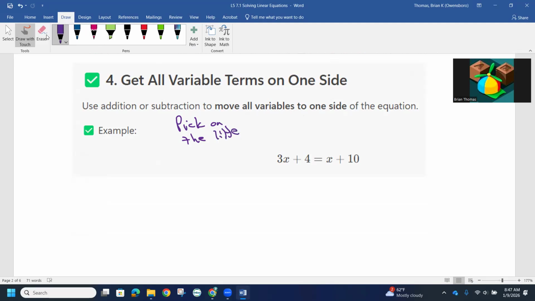That's not quite how you spell little. So pick on the little guy. This is really not correct vocabulary. It's just a phrase I use a lot of times in my thinking.